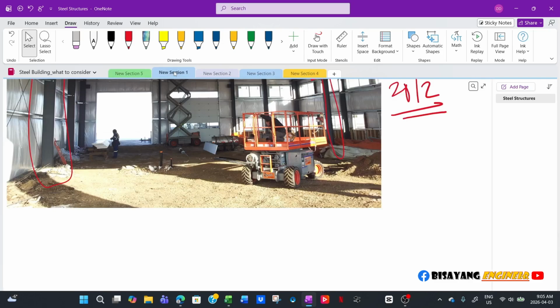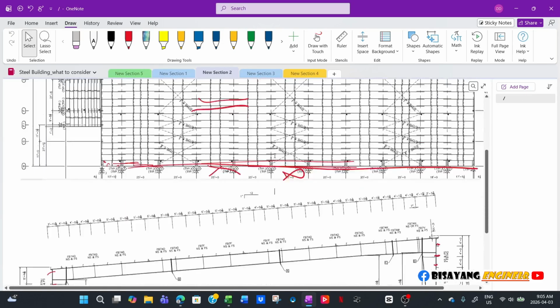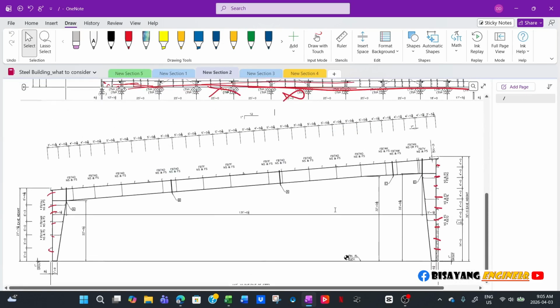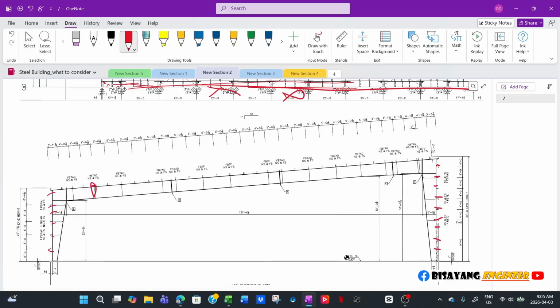Then another thing to consider is the effect of this bracing. This one. This bracing here actually helps with your main frame, because this one will be negative bending.